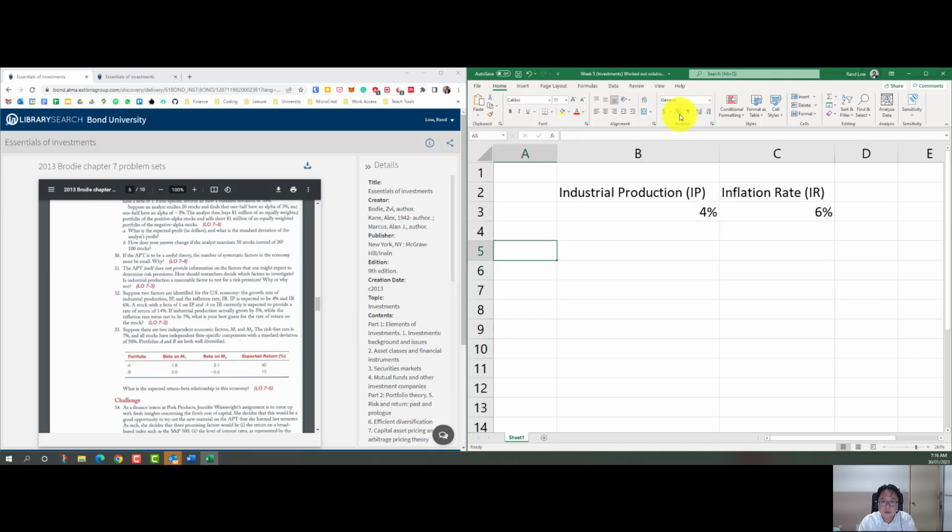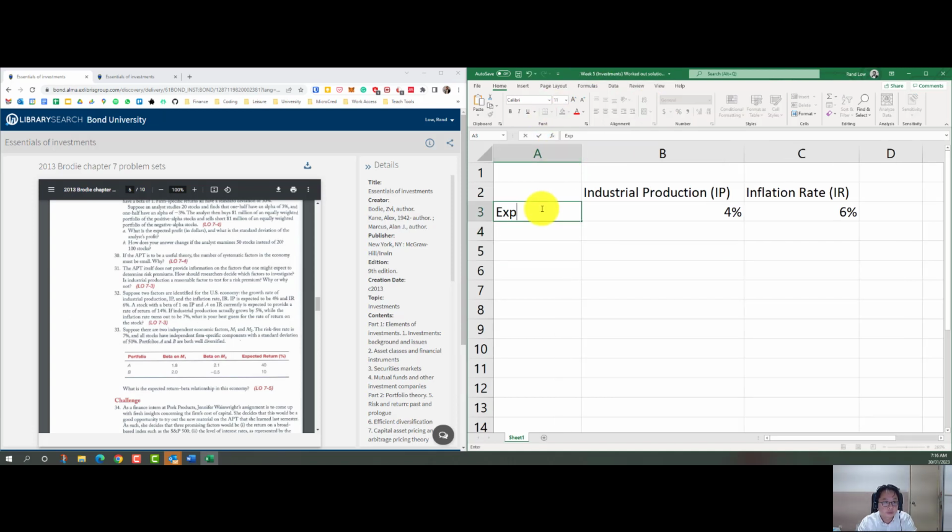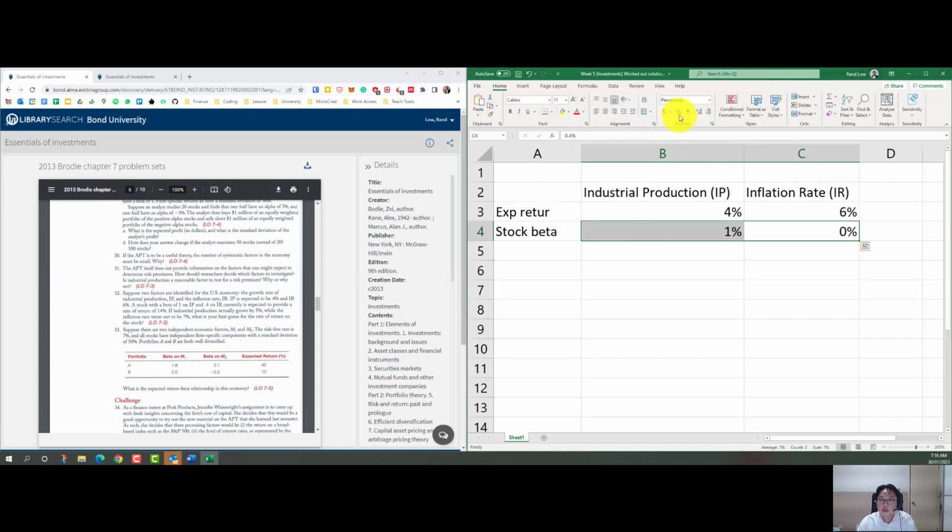The stock has betas of 1 and 0.4. The actual growth is 5% and inflation is 7%.